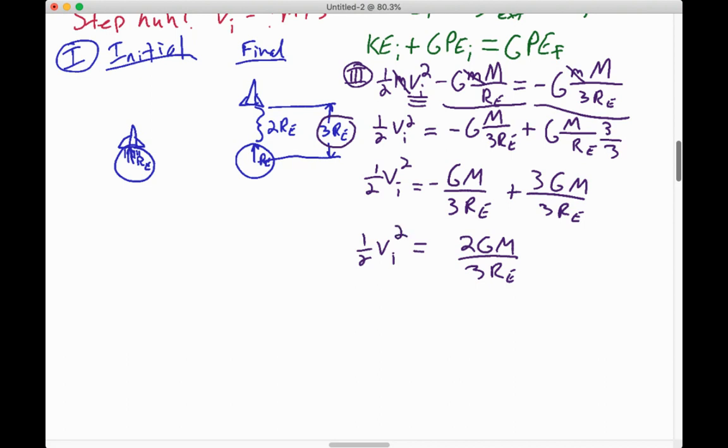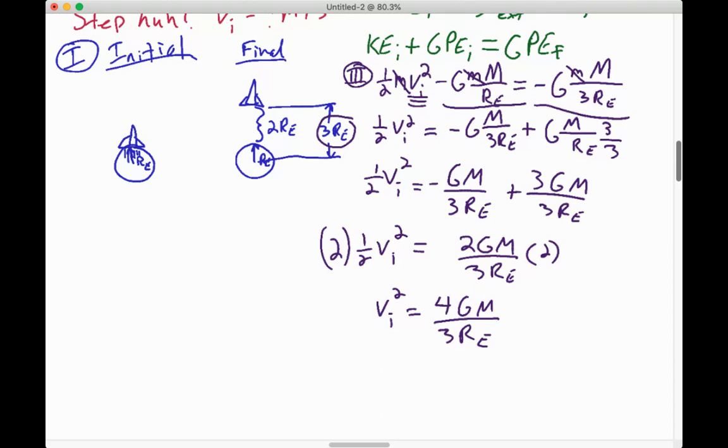So the next thing to do is multiply everything by 2, left side and right side. That's going to give me v initial squared is equal to 4 big G, big M, over 3 times the radius of the Earth.